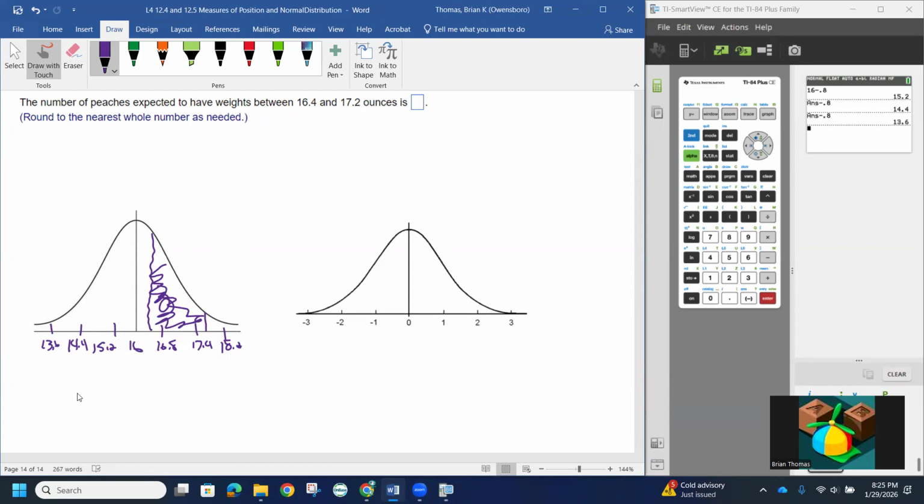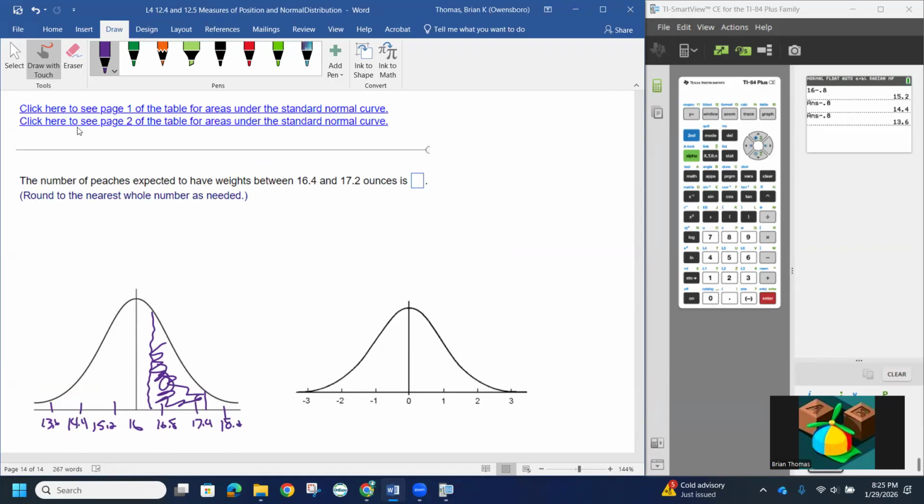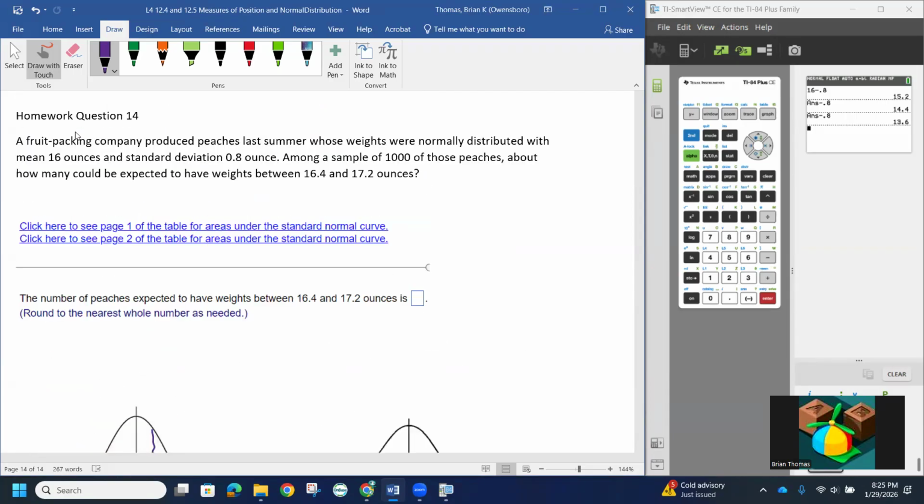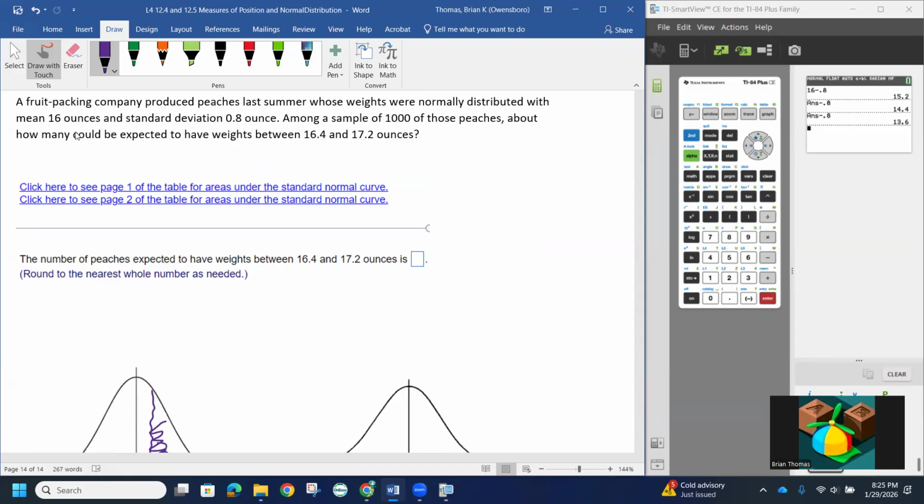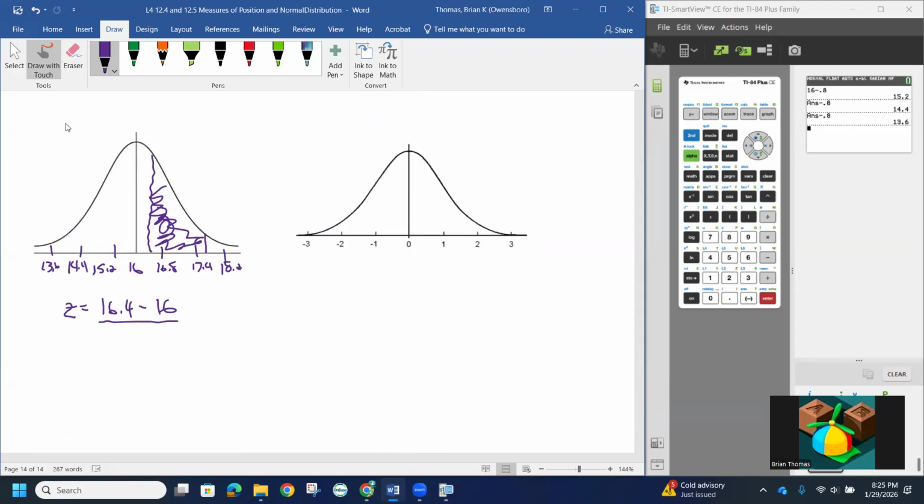So to find the first z-score, again, we have the 16.4 minus the mean, which is 16, and we divide it by the standard deviation, which I believe we said was 0.8. That'll convert that to a z-score.